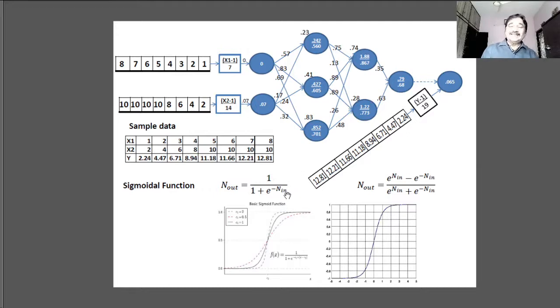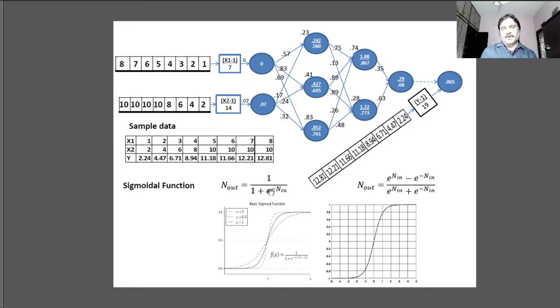What is this n_in? That n_in is the value at the input of the neuron. If we know that value, for example 0.242 here, and we put it in, we will get the corresponding out value. And what is the property of this out value? It will lie between 0 to 1. The minimum value returned by this sigmoidal function is 0 and the maximum is 1.